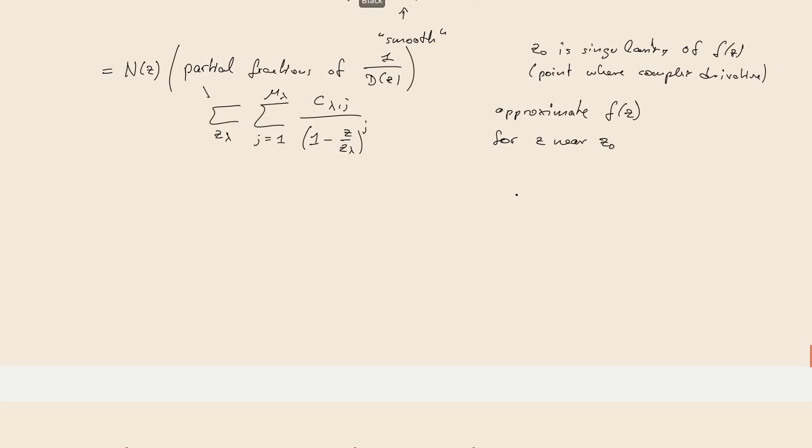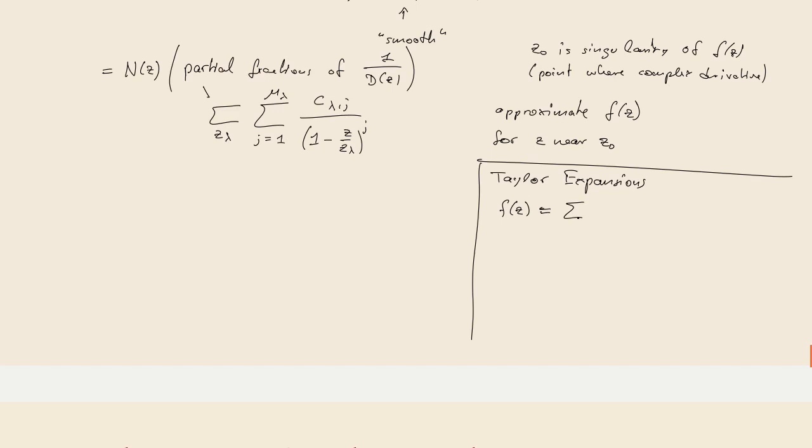Now, again, a little sidebar here. You might have heard of Taylor expansions of functions. If we have a function that is infinitely often differentiable, so you can take derivatives infinitely often, then this is actually an equality. You can write this function as a power series where you take higher order derivatives at a certain point.